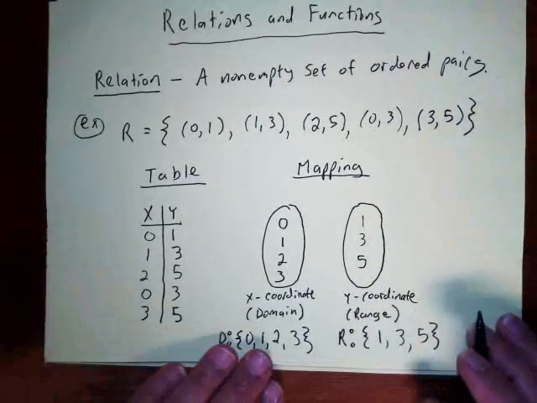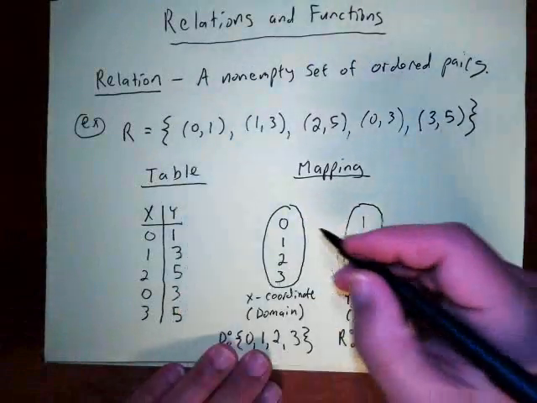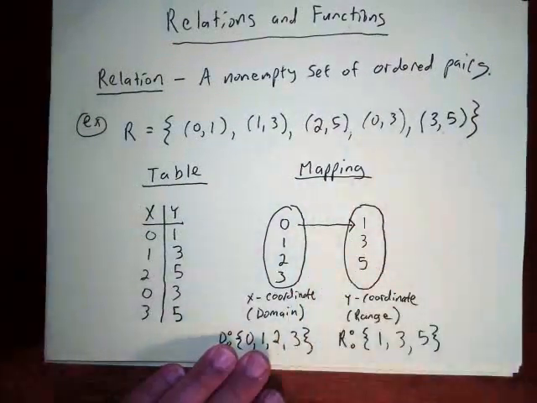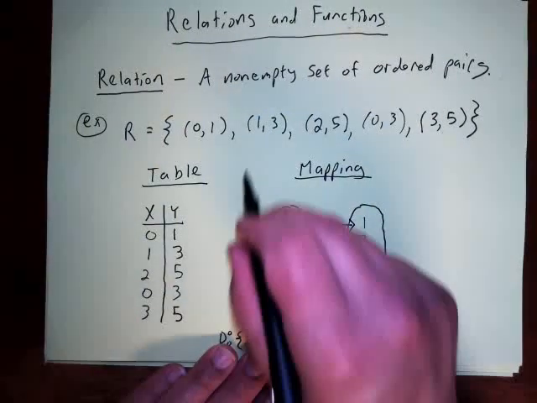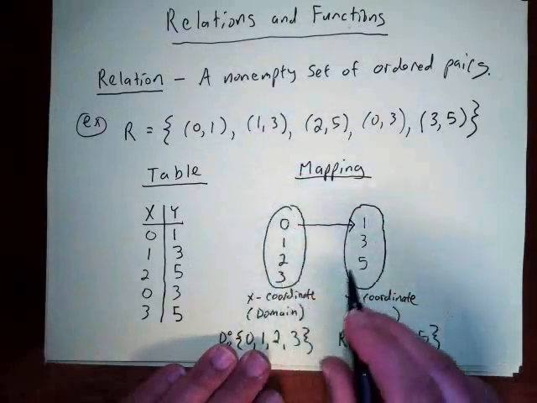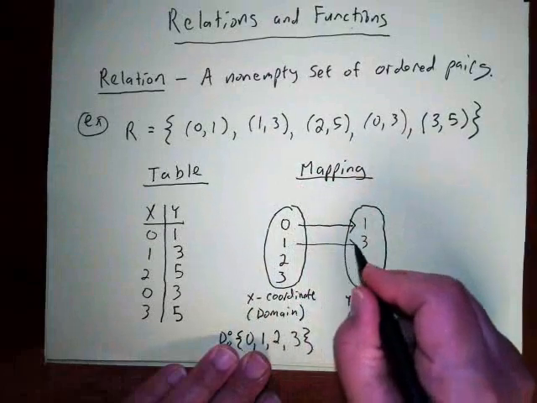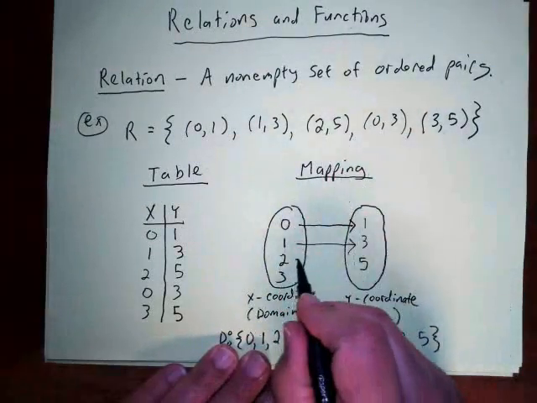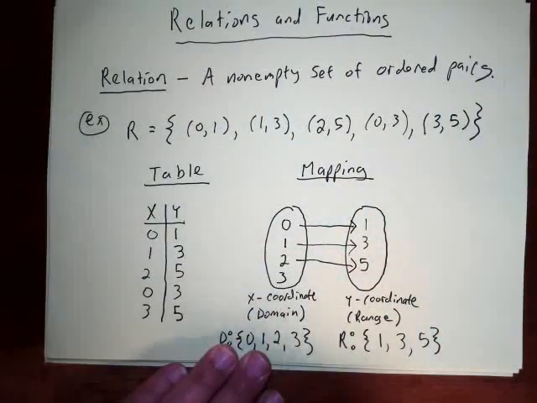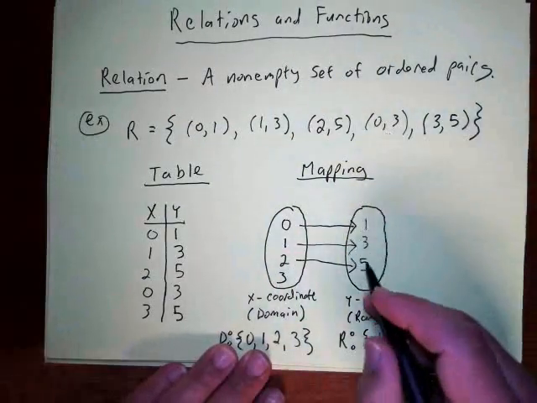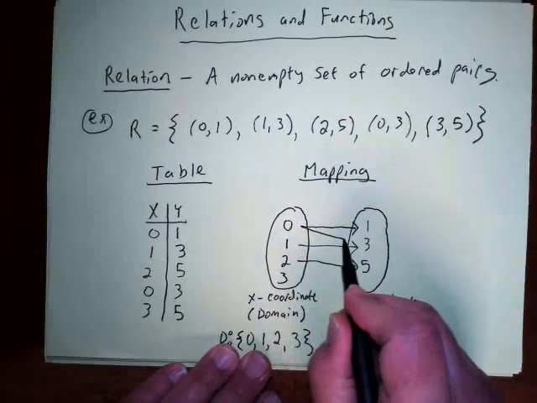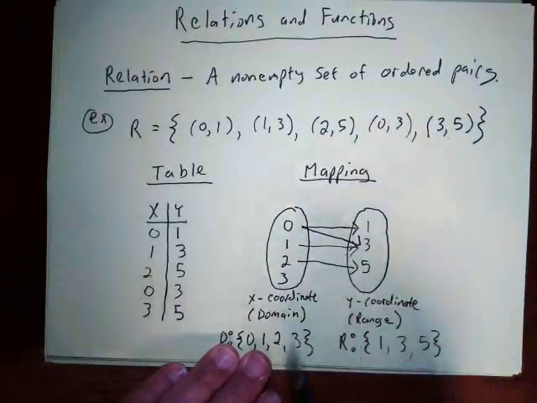Okay? And so the mapping is just saying, it's going to take 0 to 1, and so I just draw an arrow like that, 0 to 1. And then this ordered pair takes 1 to 3, so I could draw another arrow. This ordered pair takes 2 to 5, like this. And then this ordered pair takes 0 to 3, so I could draw an arrow from 0 going to 3.